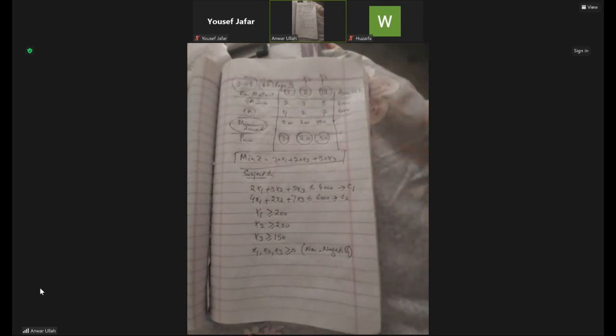So this is how we make a model for a somewhat complex problem.